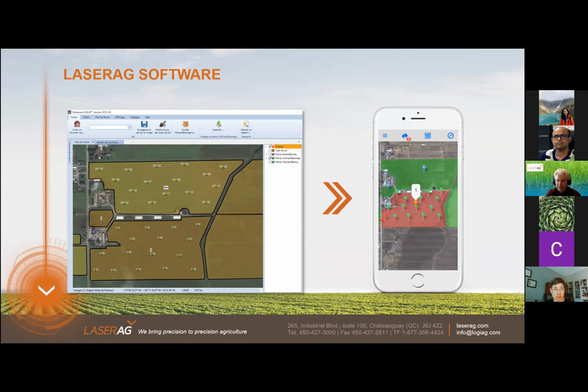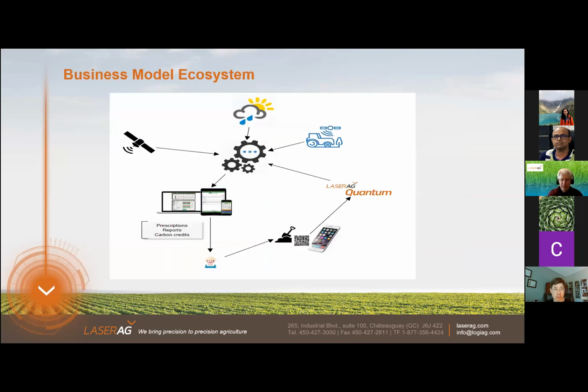So it registers a QR code which identifies the sample with its position, but also with the field and with the farm identity. So once the sample gets to the instrument for analysis, you don't need to fill out any forms. It's tracked throughout the process up until the recommendations.